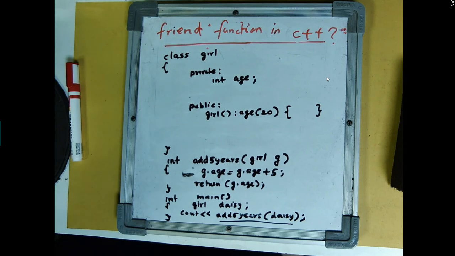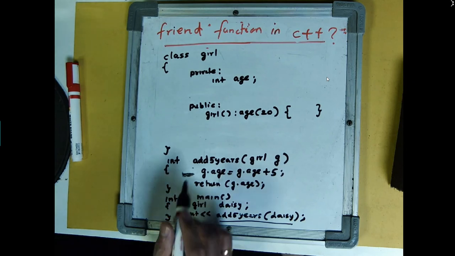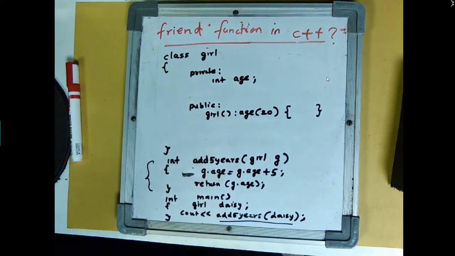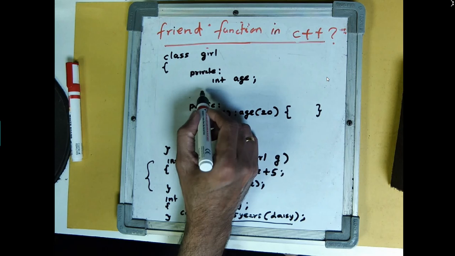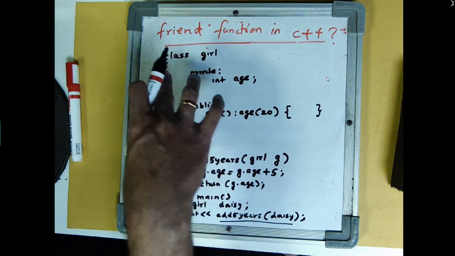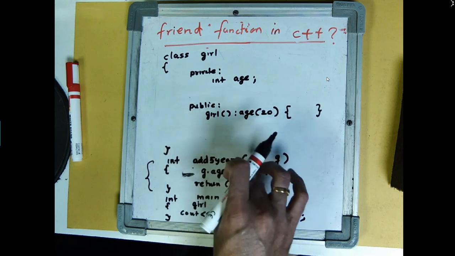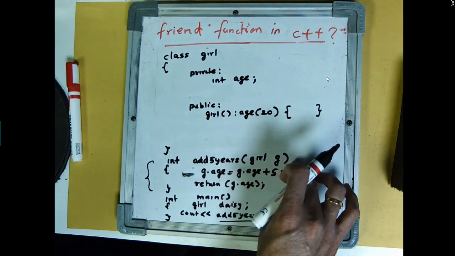Now how do you make this function part of this class? It has nothing to do with this class, but to make it part of it, you have to make a friendship with the class. The girl has to make friendship with this function, otherwise she won't allow it to increment her age.